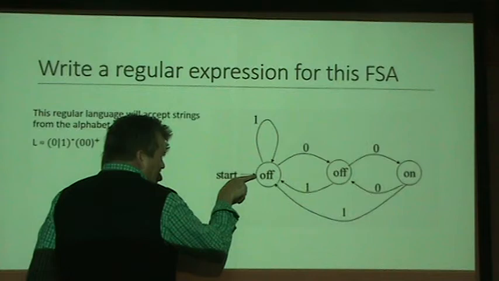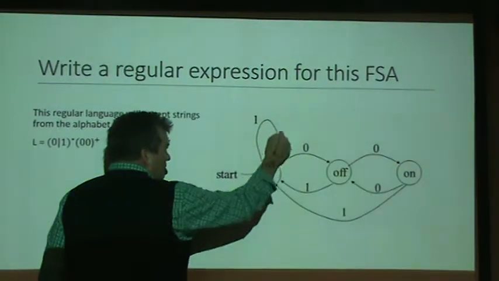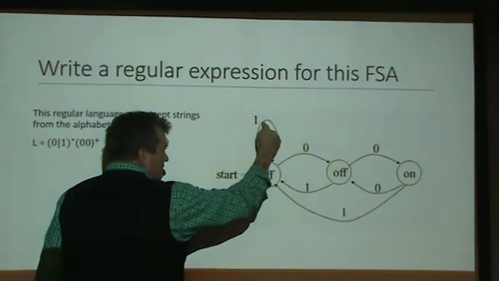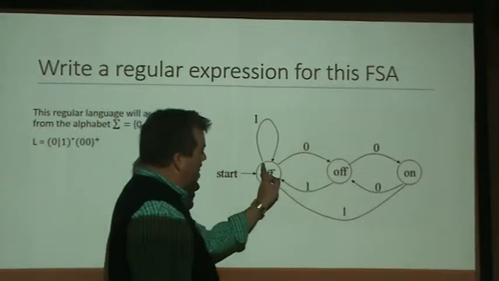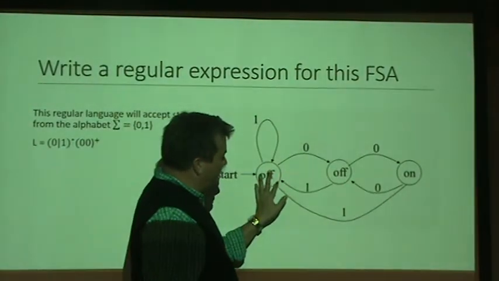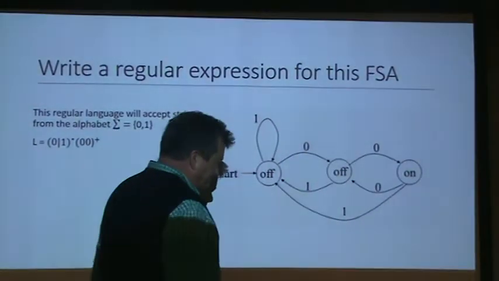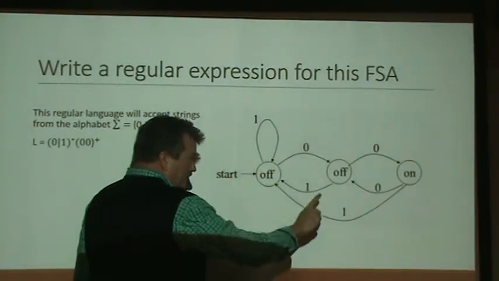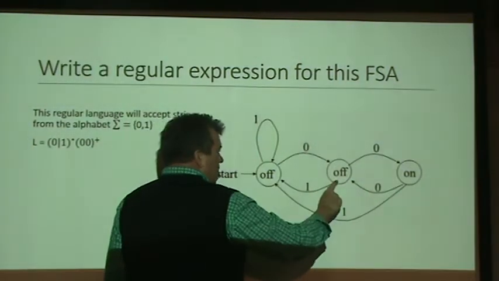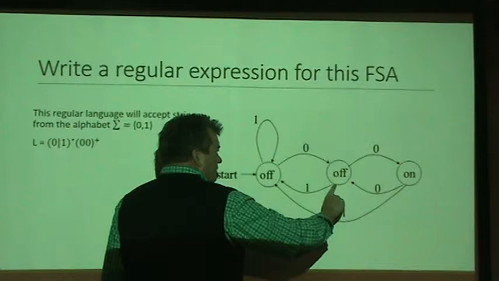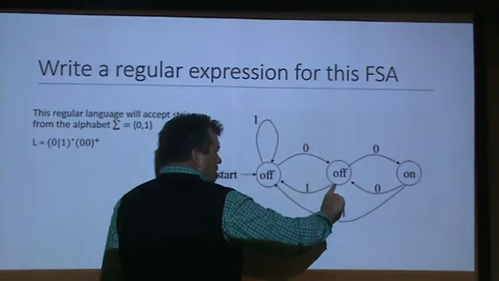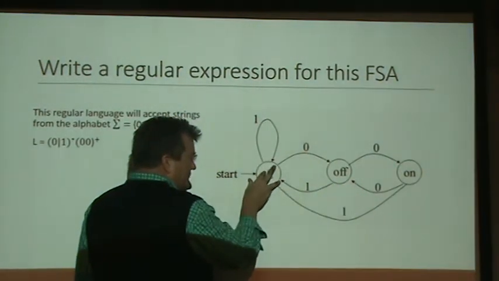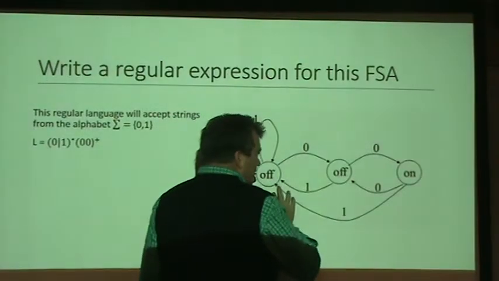Here's our starting state. I can read as many ones as I want. Then I read a 0. That takes me to a second state, still unacceptable. But if I then read a 1, I go back to this first unacceptable state.